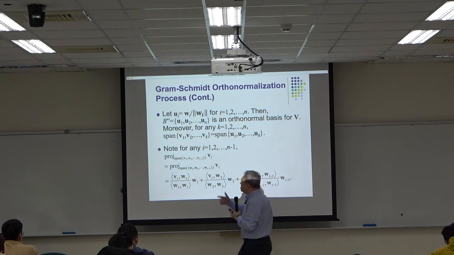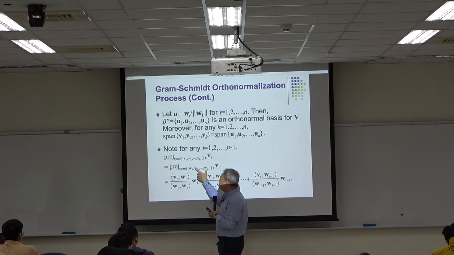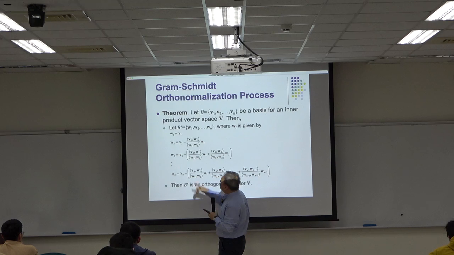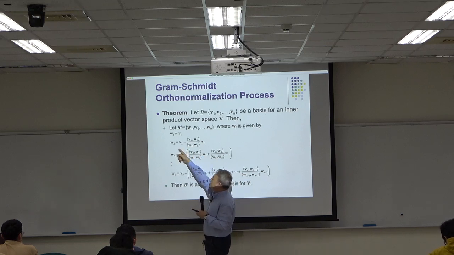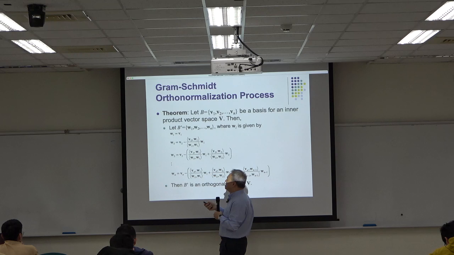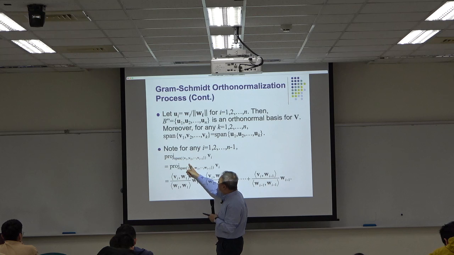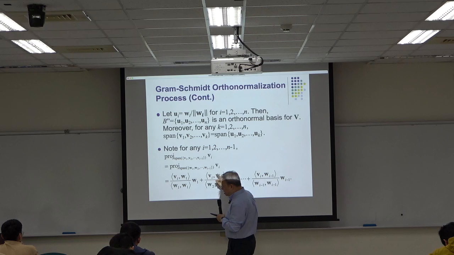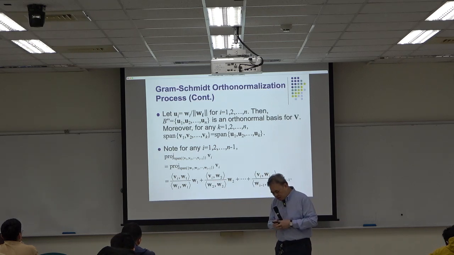This is slightly different, but basically they are the same. This can be shown because V1 is W1, and the space spanned by V1 and V2 is the space spanned by W1, W2, and so on. So you can do this by a very simple induction: the span of this equals the span of this, which will be exactly this one.